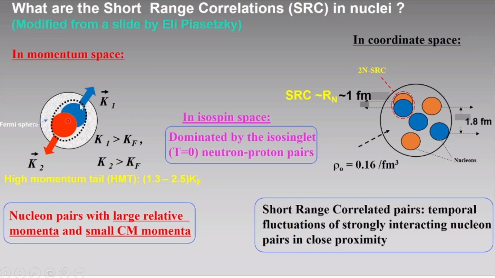As a result, after the two nucleons get together, they gain higher relative momentum and are kicked out of the normal Fermi sphere. So if you look at the momentum distribution, the momentum distribution of nucleons will form a high momentum tail above the Fermi momentum. Hopefully this gives you a general picture of what we mean by short-range correlated nucleons.